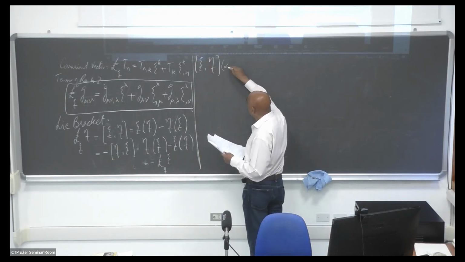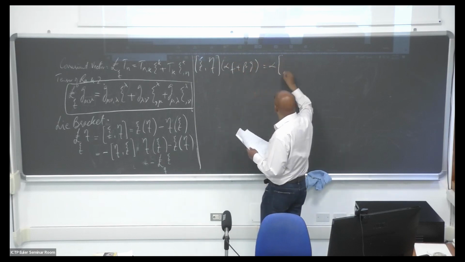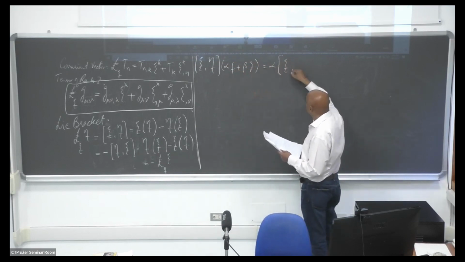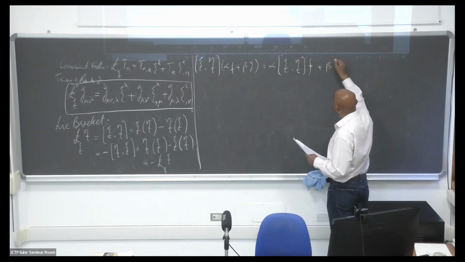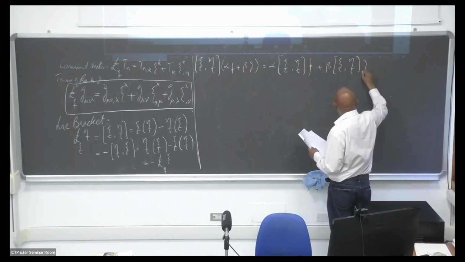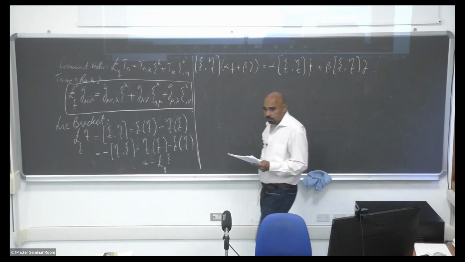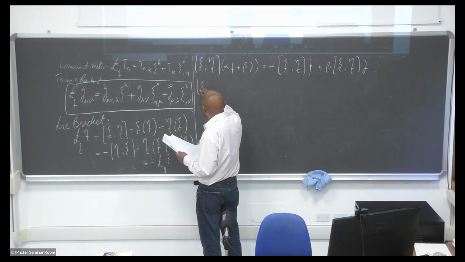So if I apply them on alpha f plus beta g, for example, we get the usual linearity.